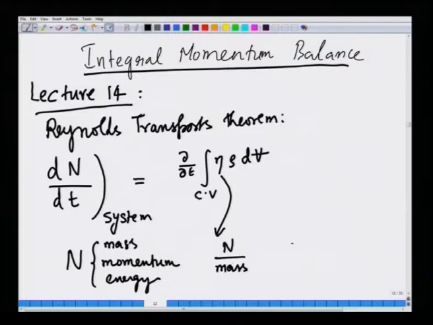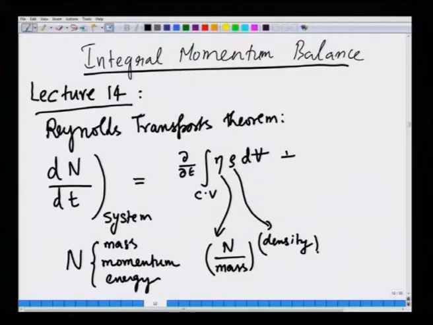So, if n is mass, then eta is 1. If n is momentum, then eta is just V. Okay. So, rho is the density of the fluid, mass per unit volume, okay, and integrated over the whole volume in the control volume CV.